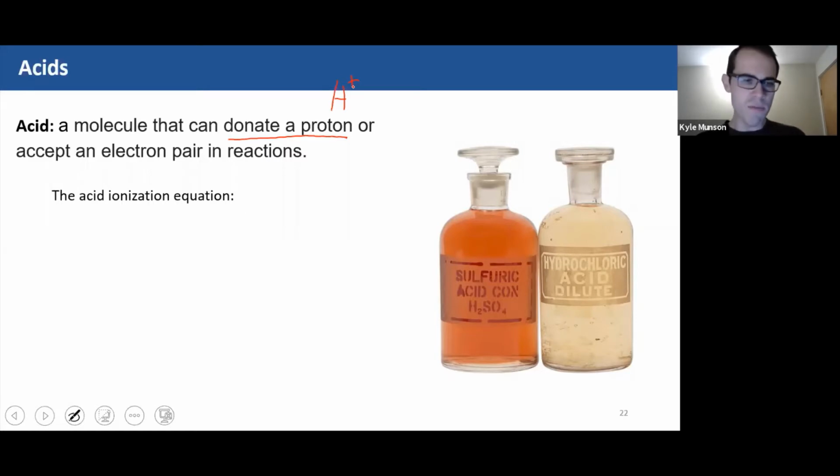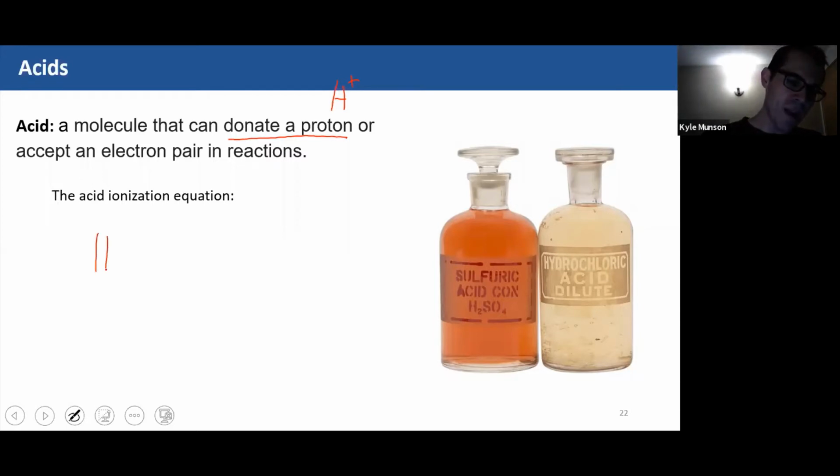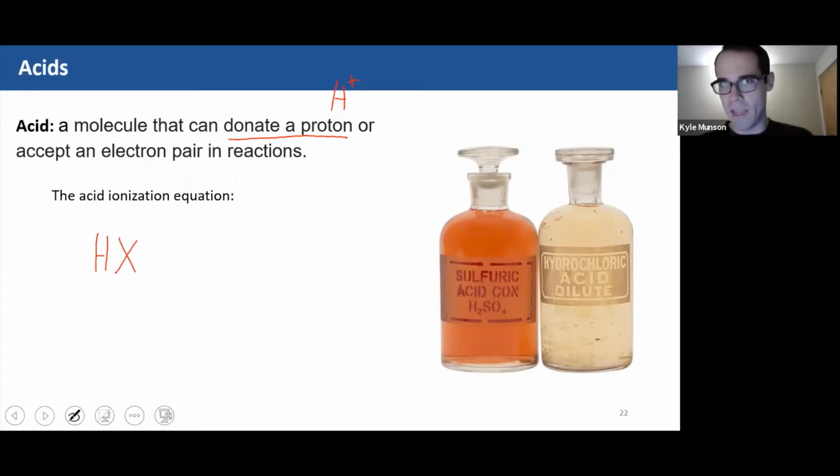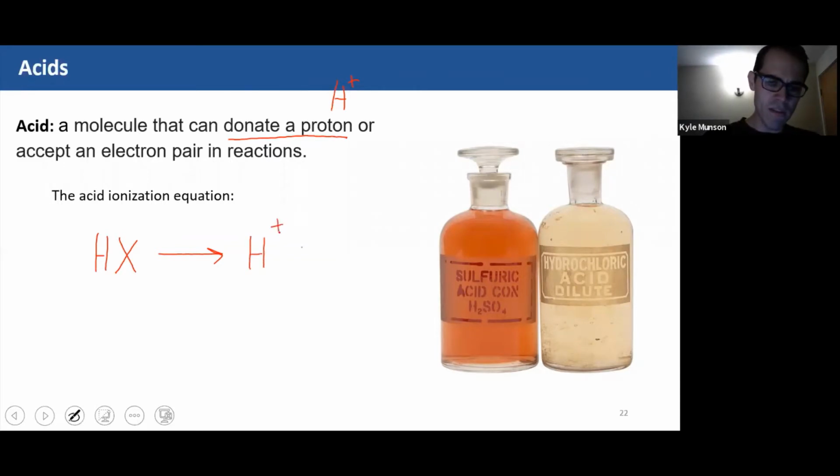So with that knowledge, if we wanted to write something called an acid ionization equation, what this would look like is if we had a hydrogen, or a proton, attached to some molecule where X is just representing the rest of the molecule, what's going to happen is the molecule is going to give up the proton, lose the proton, and it's going to become itself an anion, all right?